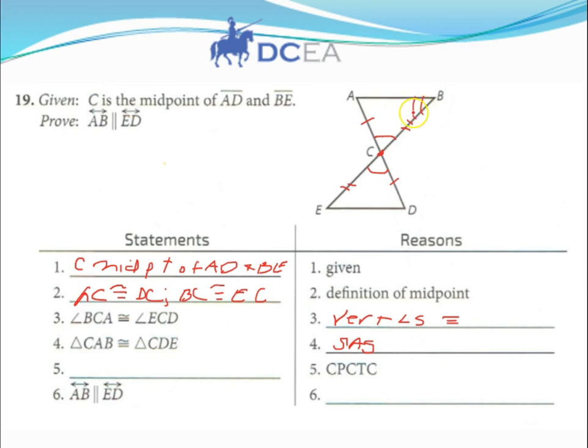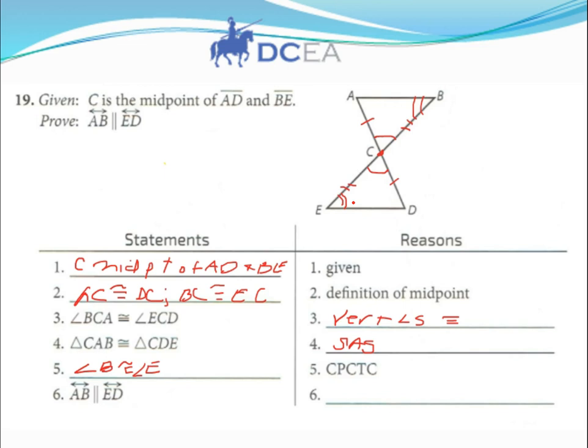I'm going to pick angle B and angle E. So angle B is congruent to angle E, and it says CPCTC, but the reason we know they're congruent is because we've already proved that these triangles are congruent.